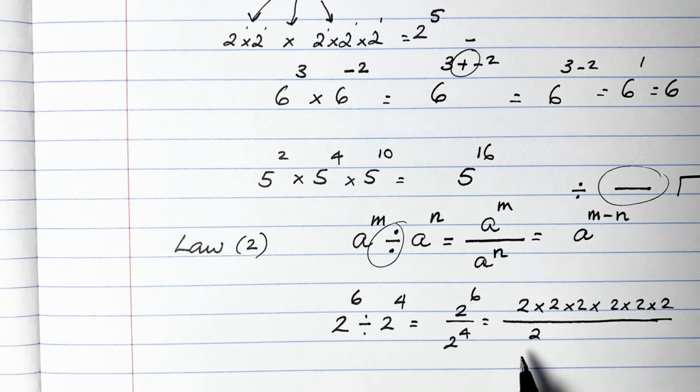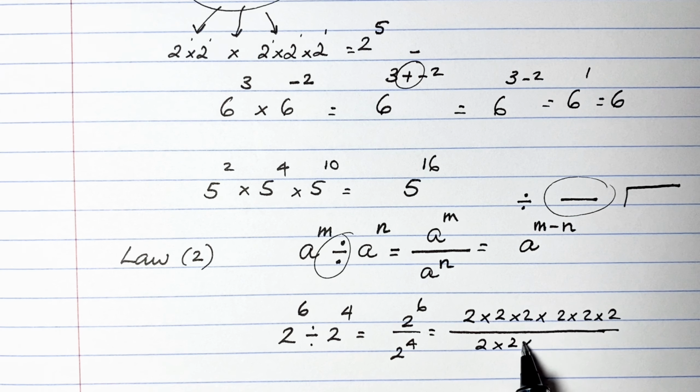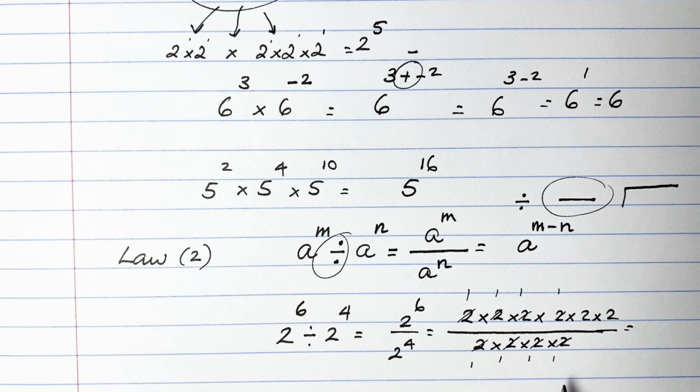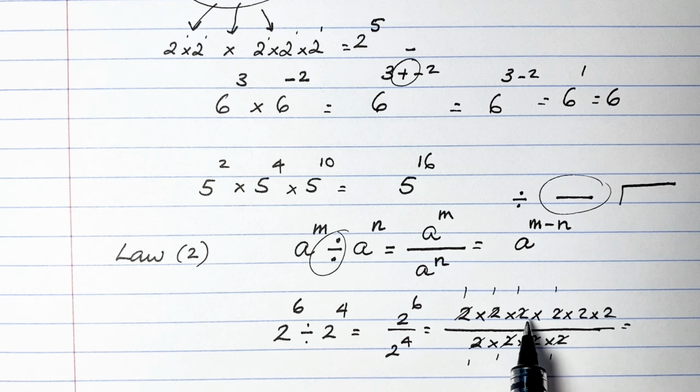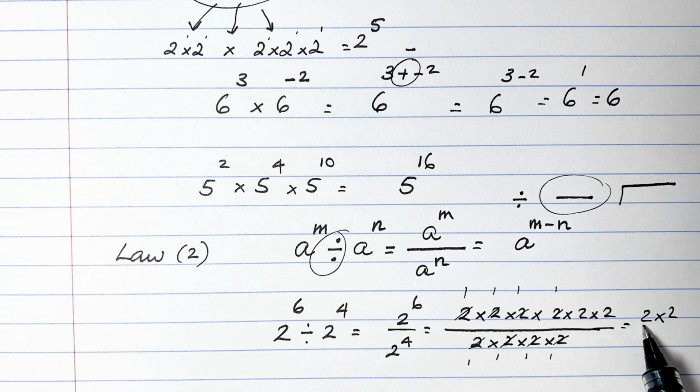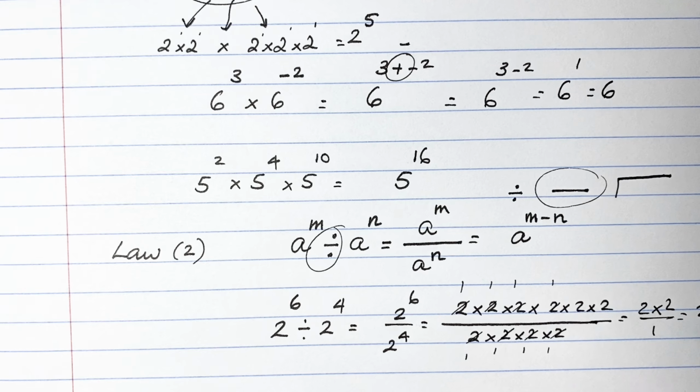And here 4 of them. So 2 and 2 cancels, 2 and 2 cancels, 2 and 2 cancels, 2 and 2 cancels. So we have 1 times 1 times 1 times 1, which is 1, 2 times 2 over 1. And 2 times 2 is 2 squared.